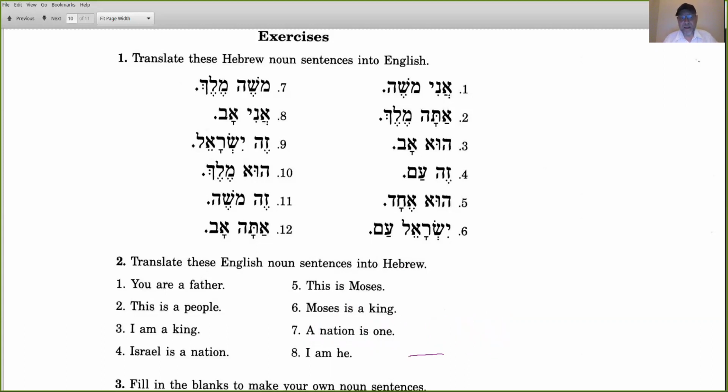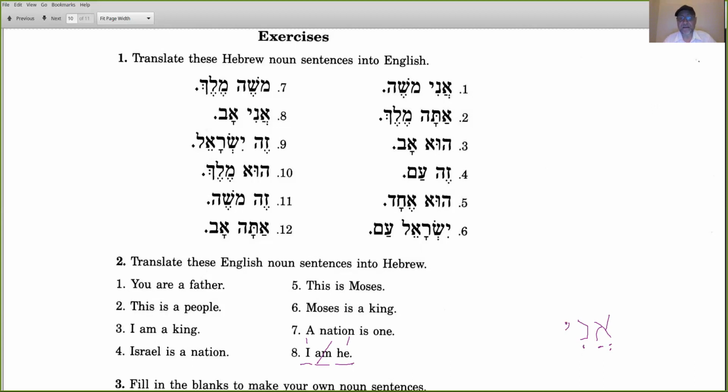All right, I am he. So, okay, we can get rid of that, and we need to focus on I and the word he. So we know that I is the Hebrew word ani. Okay, so we use a reduced patach, a nun, hirik, yod combination. We get ani.